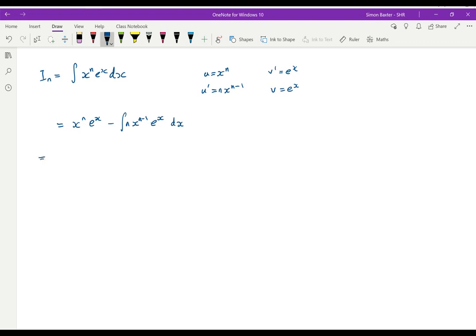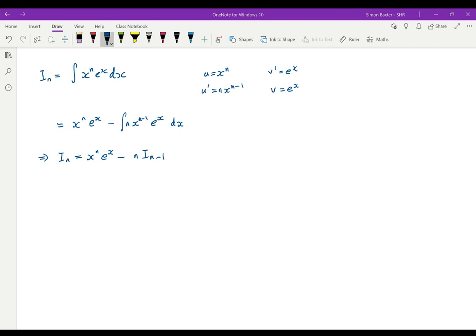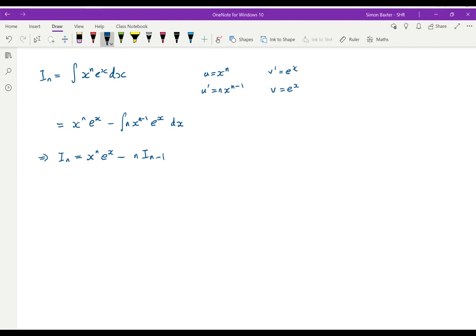And you'll see that we've actually written that I_n is x to the n e to the x minus n I_(n-1). And there is my reduction formula. Let's see how we can use this in practice.